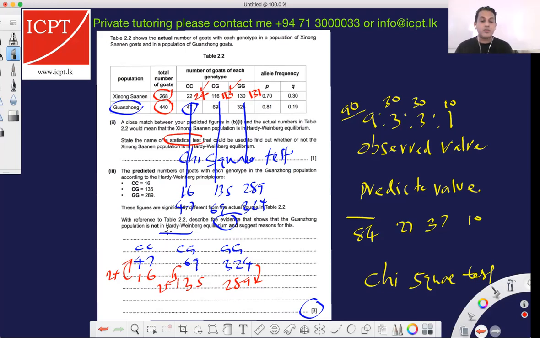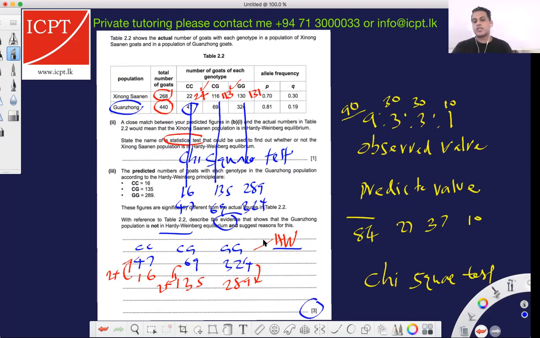If it is in Hardy-Weinberg equilibrium, these values should come very close to this value in comparison. The reason is that Hardy-Weinberg equilibrium is defined based on several conditions: no mutation, no natural selection, a large population, no migration, and no genetic drift.